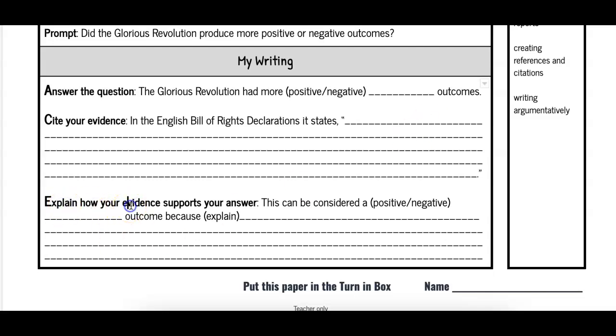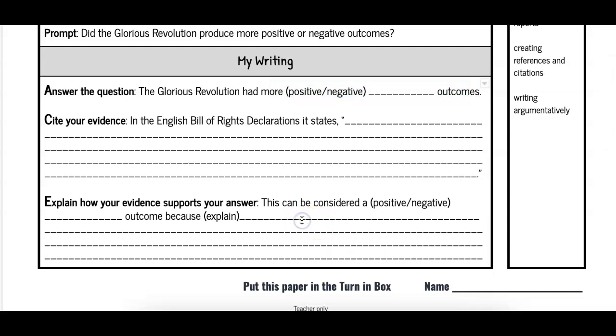Finally, we'll explain how your evidence supports your answer. So how did this quote support this statement? You can use this sentence frame. This can be considered a whatever word. It should be the same word that you wrote up here, you'll write here. This can be considered a blank outcome because, and you will explain. Now you don't want to just repeat what's in the quote, and you don't want to just repeat your answer from the question.